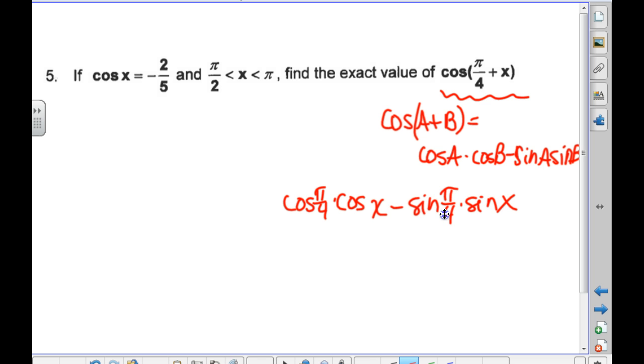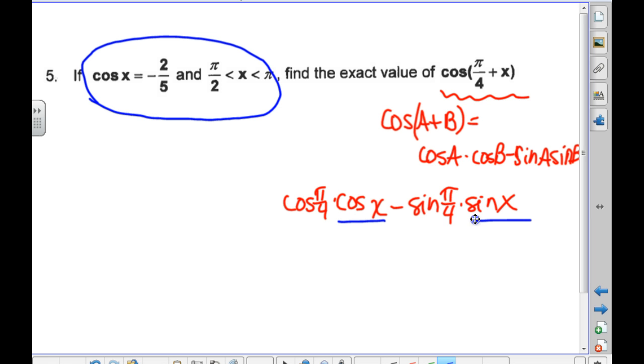Now, pi over 4 values we're going to get off the unit circle, but we have to use this information for the other half of the story, for this cosine of x and sine of x. It says right here the cosine is negative 2/5, but to find the sine we have to draw the picture, pi over 2 and pi, all right, 90 and 180, so we are in quadrant 2. Cosine is adjacent over hypotenuse.